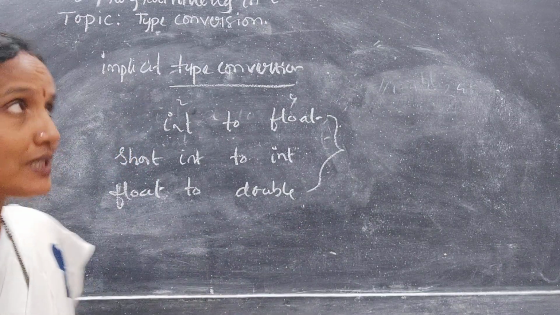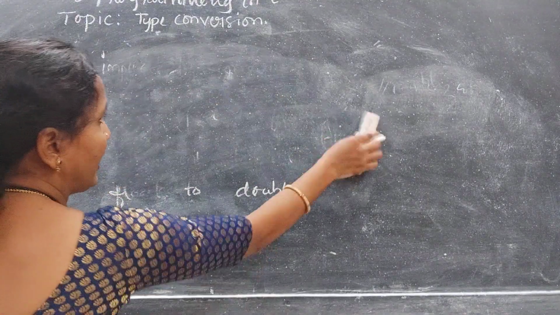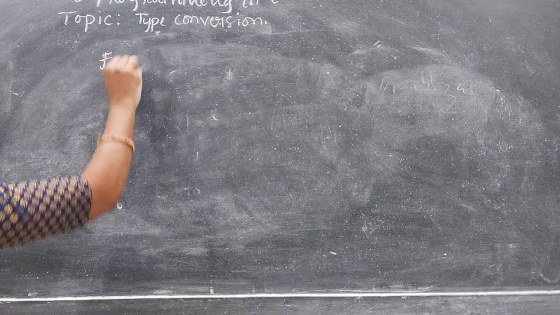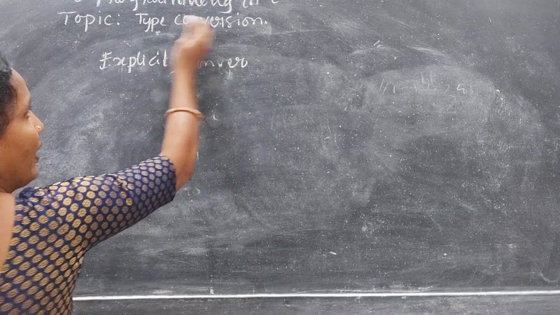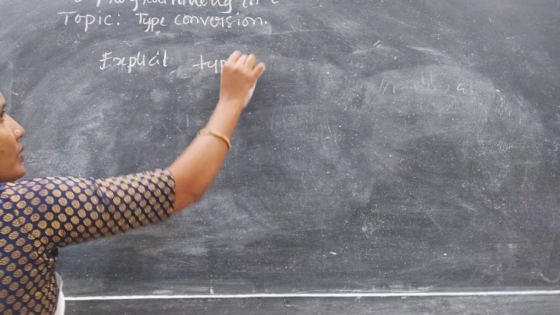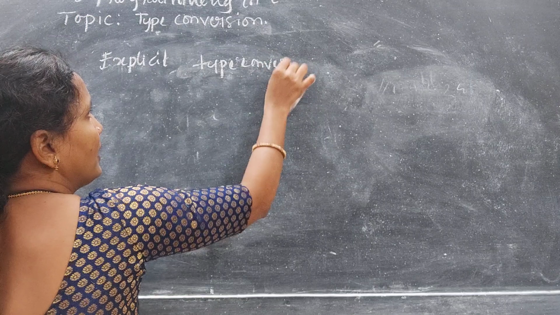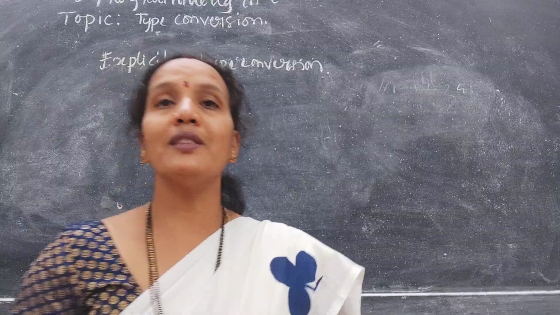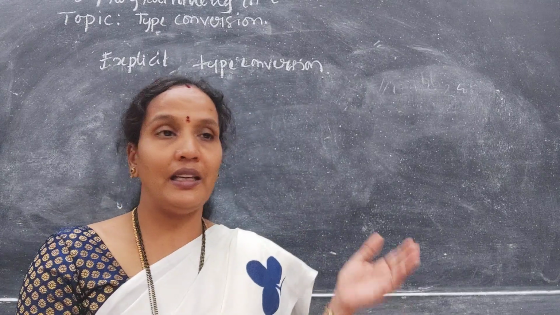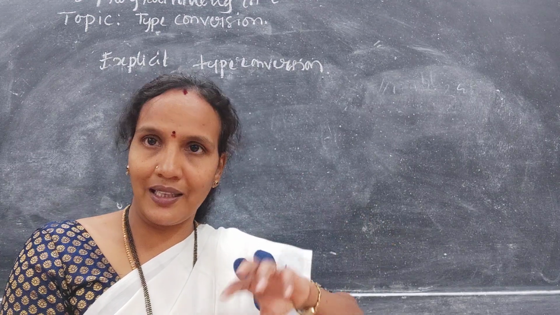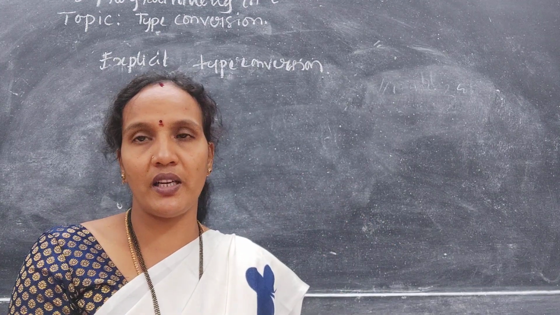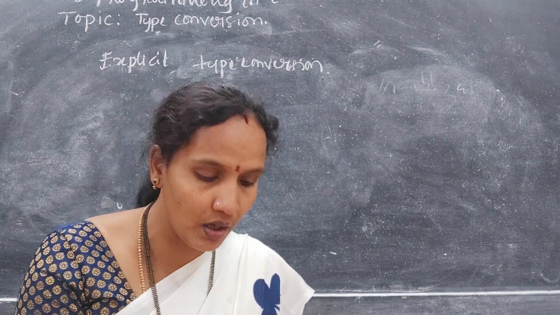Now we'll discuss explicit type conversion. What is an explicit type conversion? This type of conversion is done by the programmer. Implicit means that conversion is done by the compiler automatically without taking any instruction from a user.